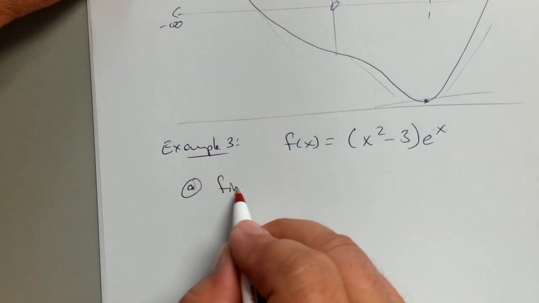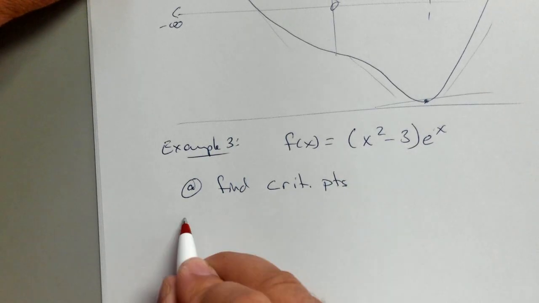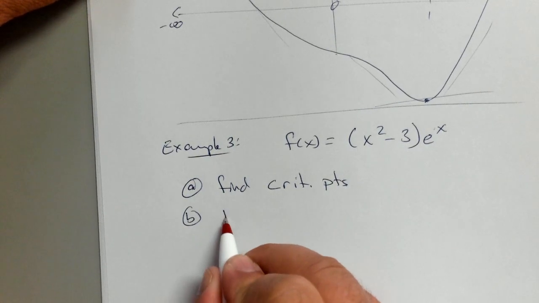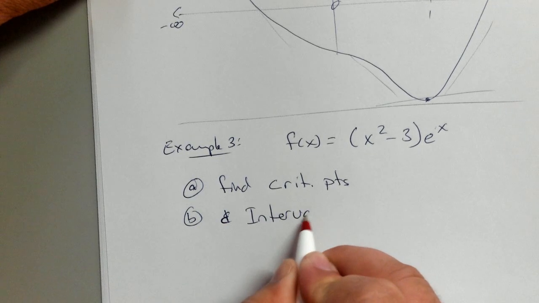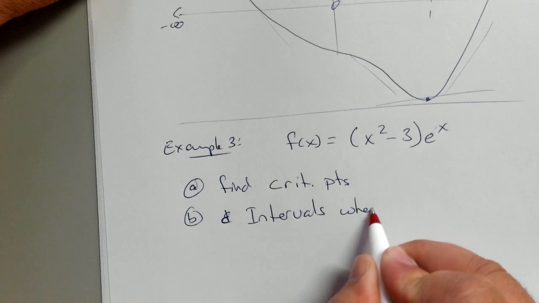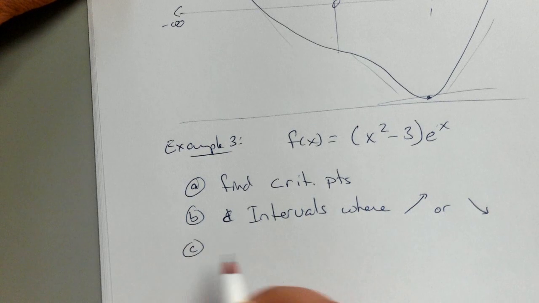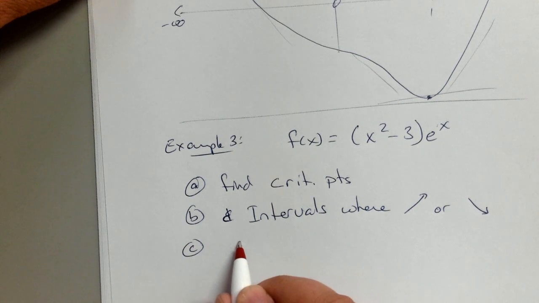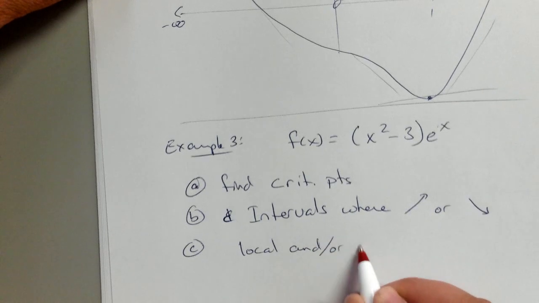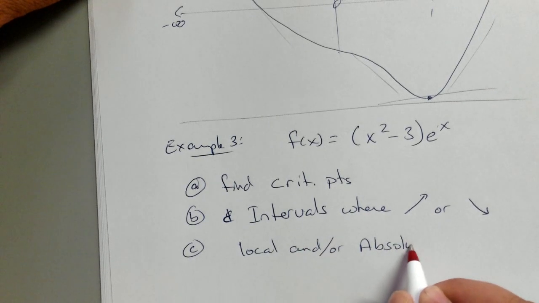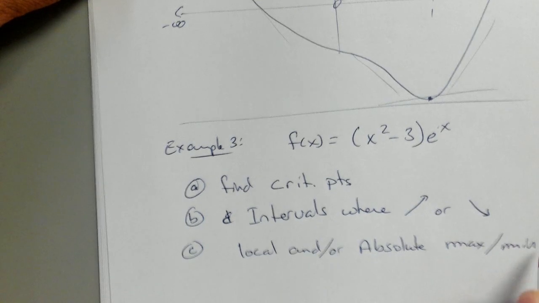A: find the critical points, the intervals where it's increasing or decreasing, and the local and or absolute max and min.